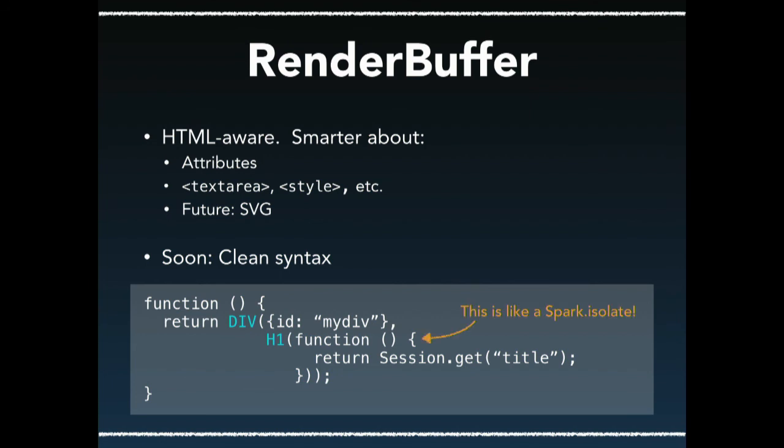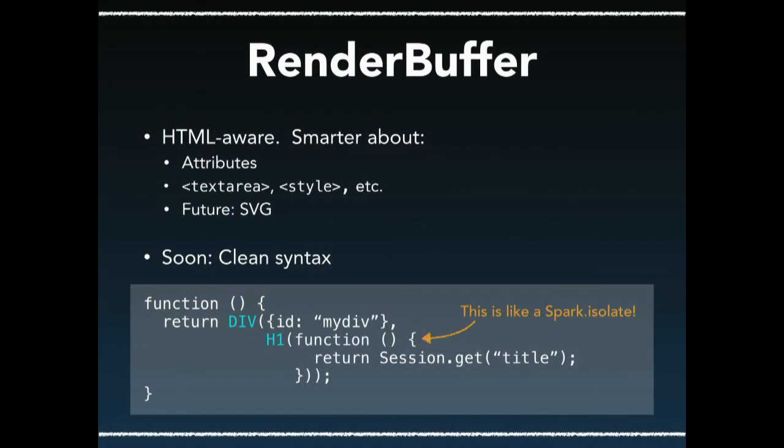And an interesting thing about this example is that this function literal is essentially like a Spark.isolate. So it's this little domain-specific language where every time you have a function literal, it just becomes reactive. And I look forward in a future talk to talking more at a lower level, because I think this is really at the heart of the new Meteor UI.